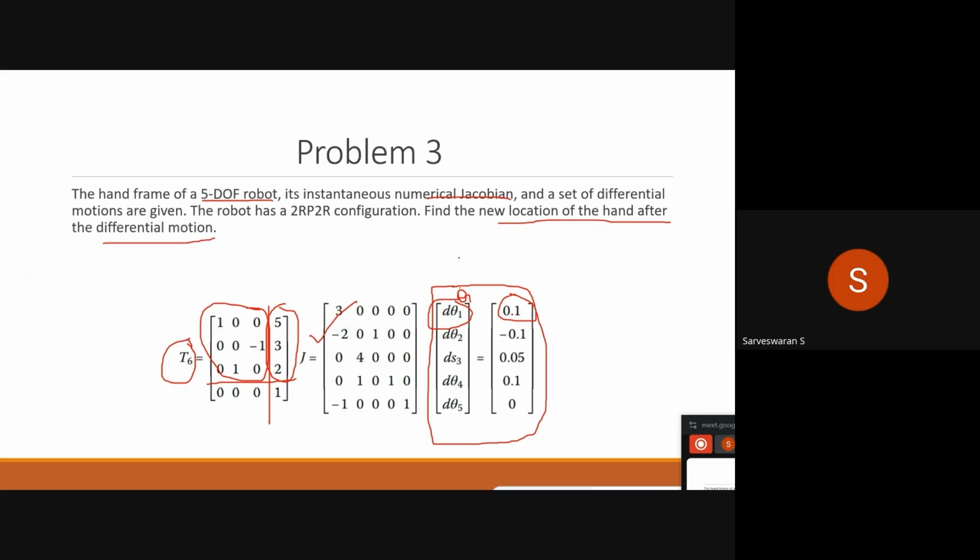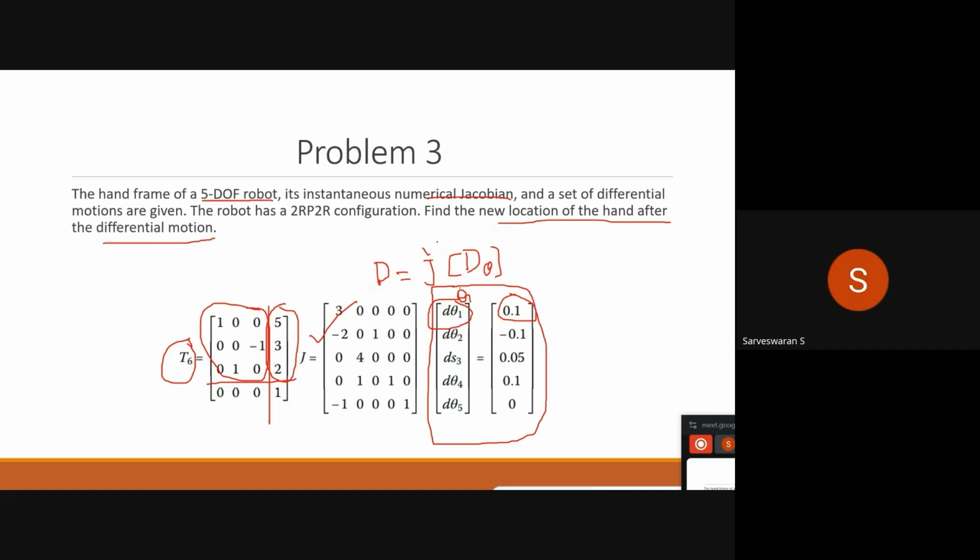So this is d theta, which was provided, and Jacobian was also provided. Based on these two, we can find out what is my D. It's nothing but your linear velocity and the angular velocity of your end effector.